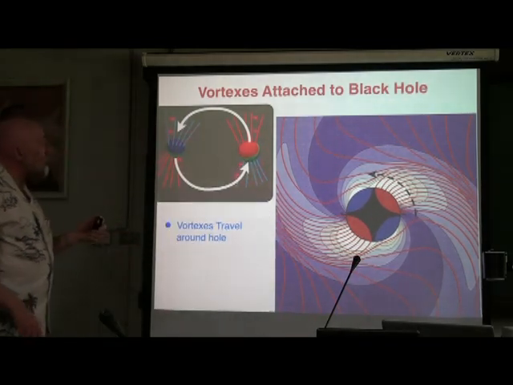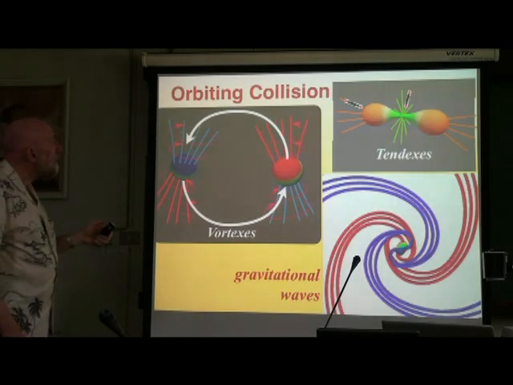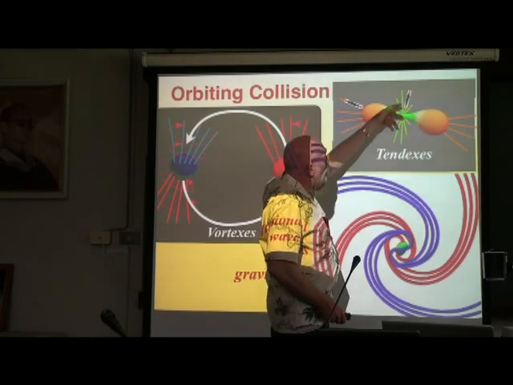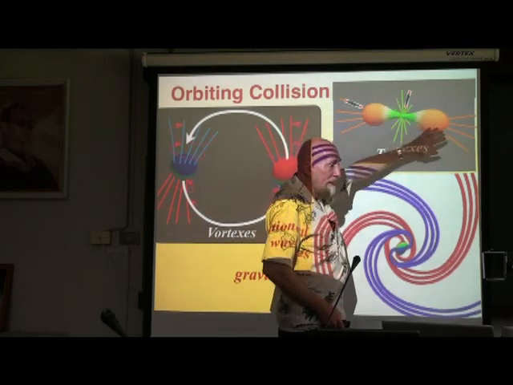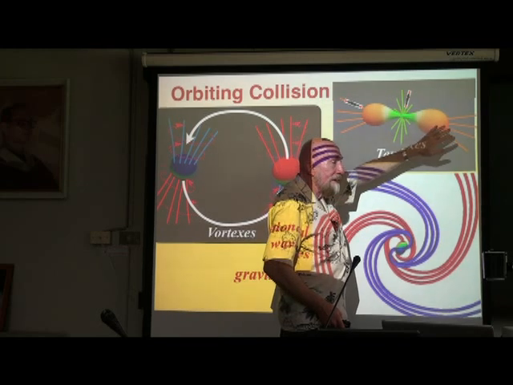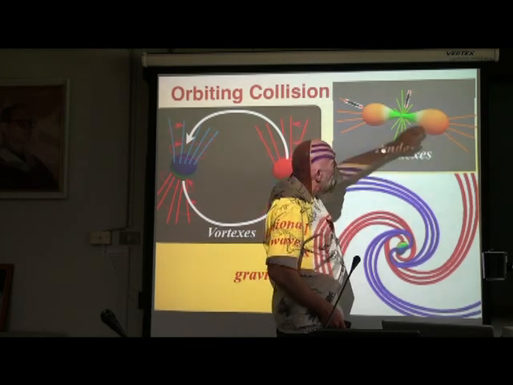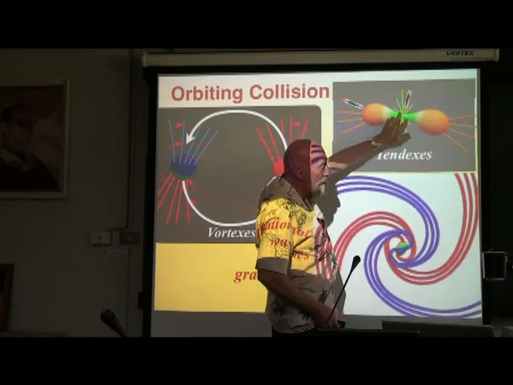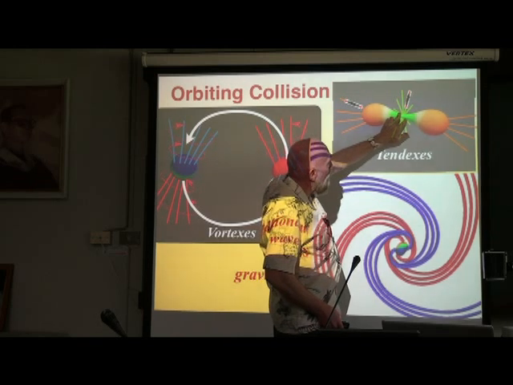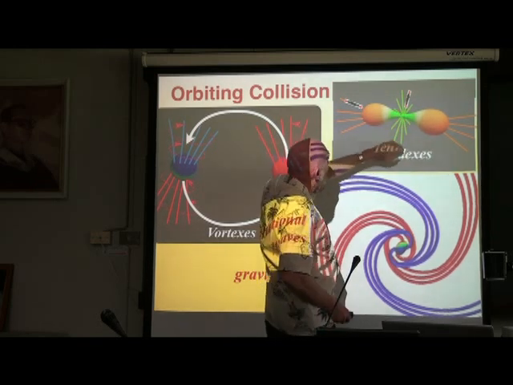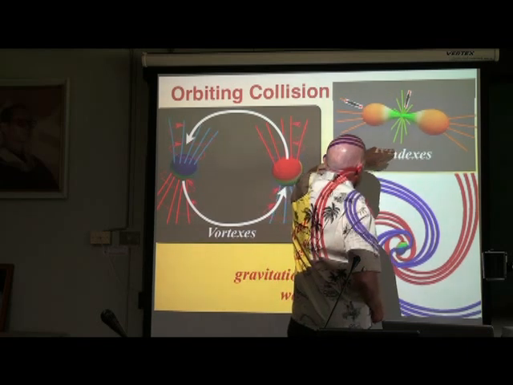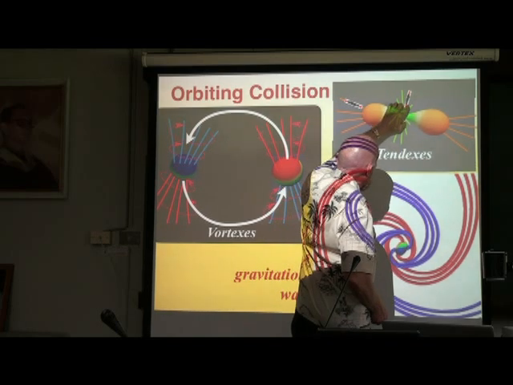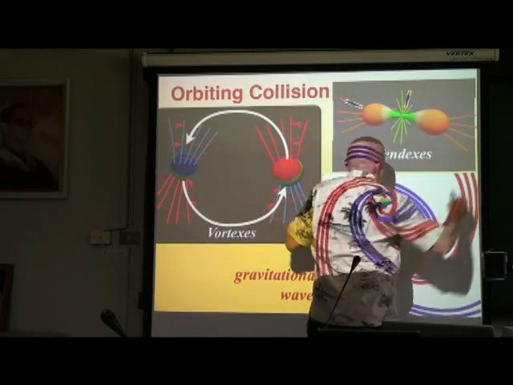But when the black hole collision occurs, the merger occurs, there are also Tendexes that stick out of the black hole in the near zone. There's a fan-shaped Tendex around the central region that stretches. I'm sorry, so this one squeezes. I have it drawn wrong. This one squeezes, and the ones at the end stretch.